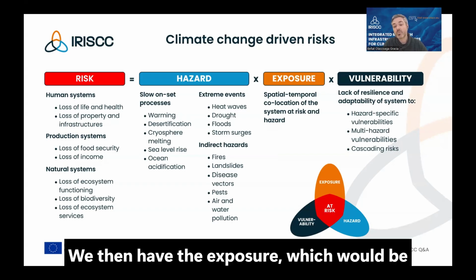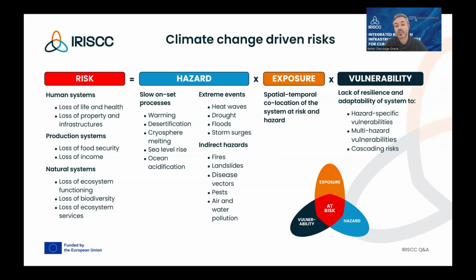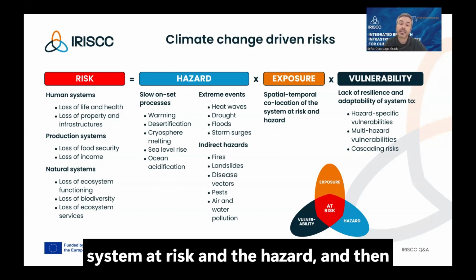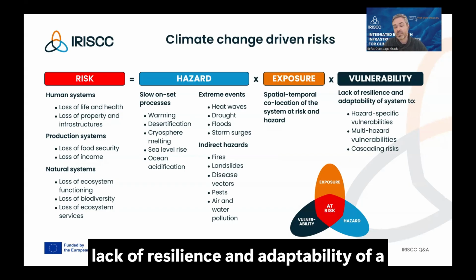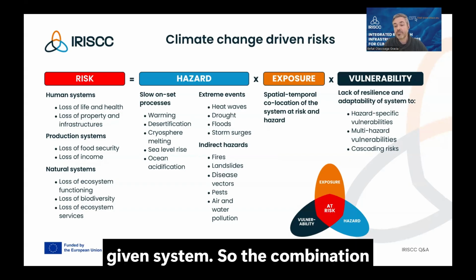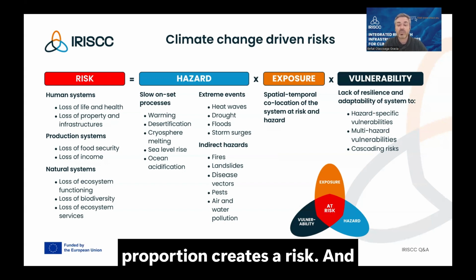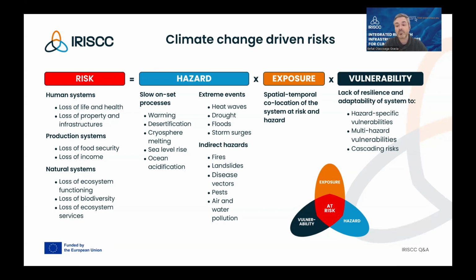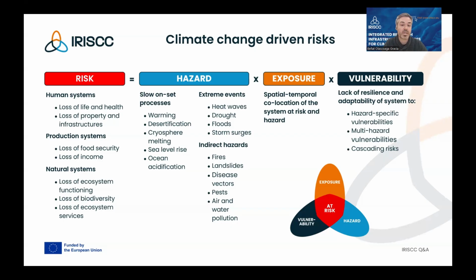We then have the exposure, which is the spatiotemporal co-location of the system at risk and the hazard, and then the vulnerability component, which is the lack of resilience and adaptability of a given system. So the combination of these three determinants in different proportions creates a risk. And for example, you can define these risks in terms of human systems or natural systems or production systems.